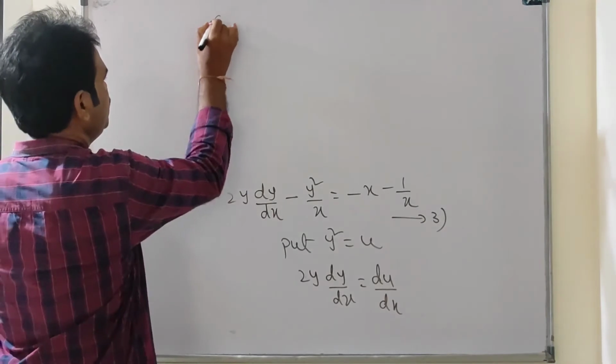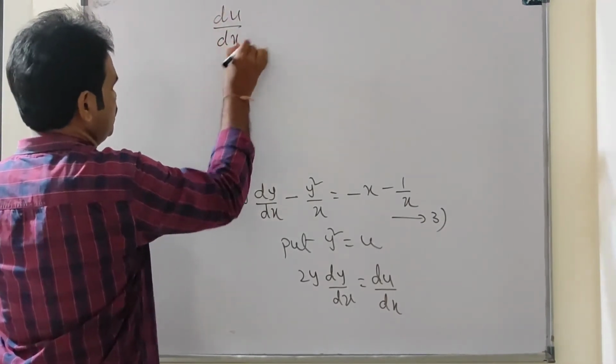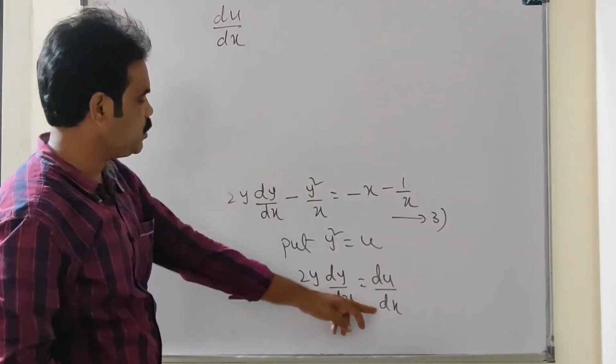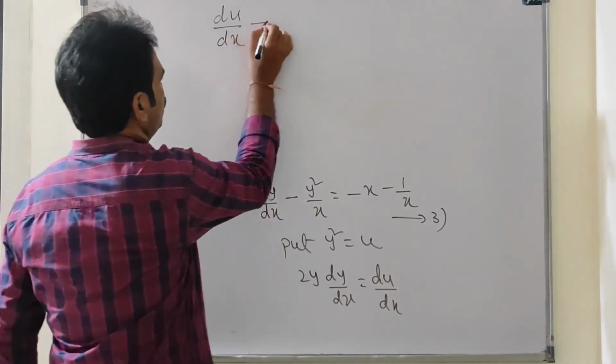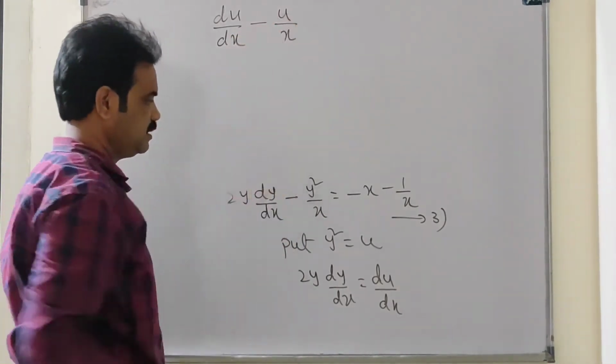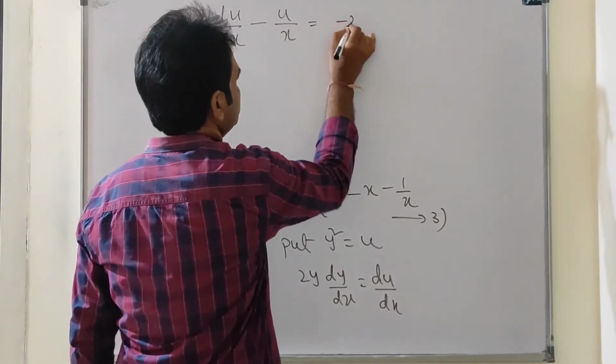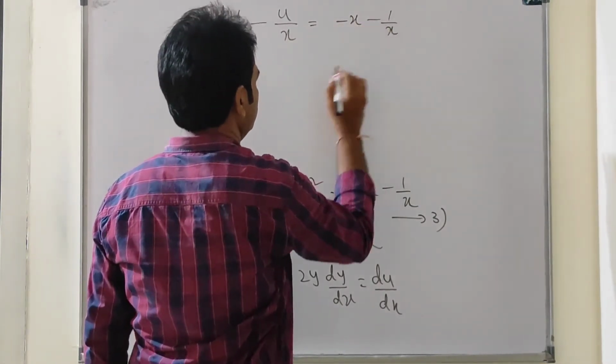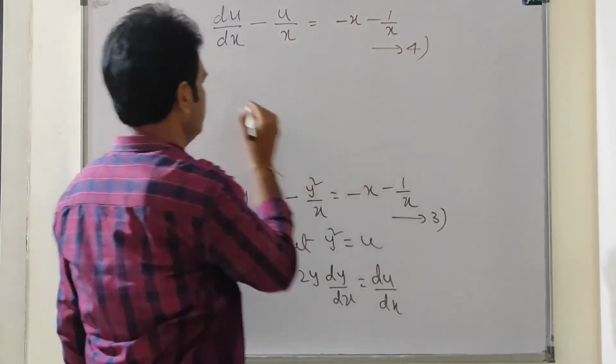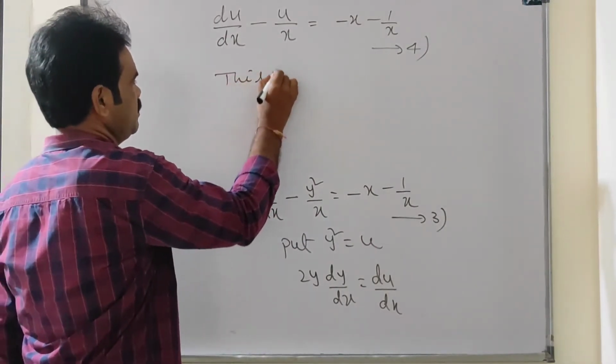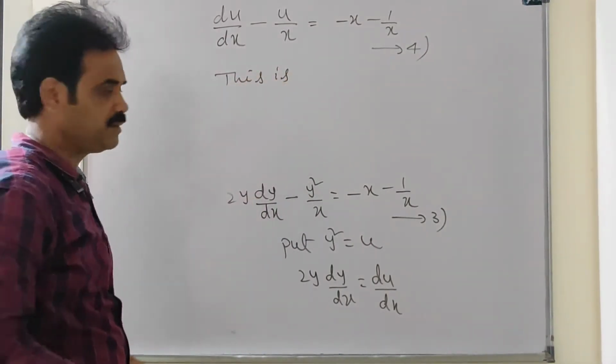We get du by dx minus y square, that is u by x, is equal to minus x minus 1 by x. Now this is a linear differential equation in u.